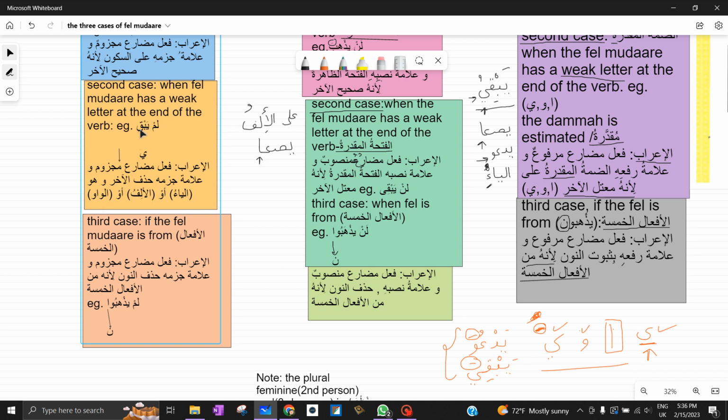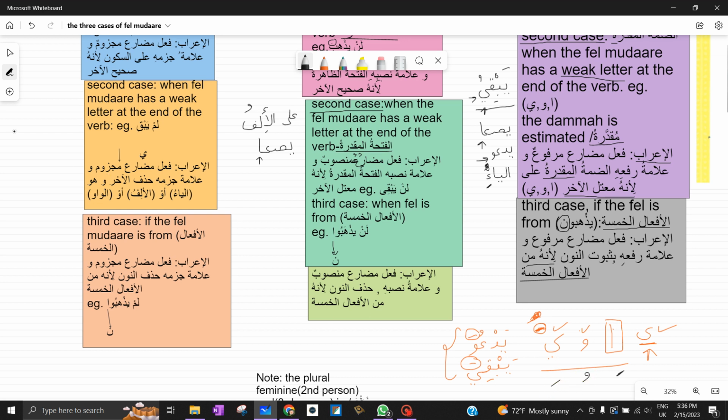If there is a weak letter in jazm case, it will get deleted. Now there is a small explanation here. When the weak letter gets deleted like ya, waw or alif, as we know alif represents fatha, waw represents dhamma, ya represents kasra.